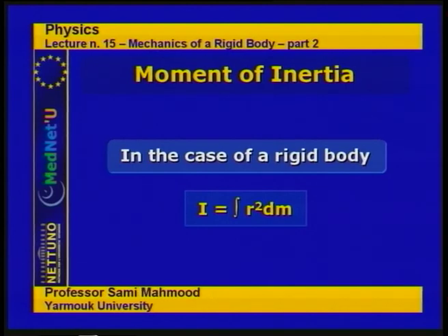And remember always that r is the perpendicular distance between the point we are considering and the axis of rotation. So this integral of r squared dm over the whole body gives the moment of inertia of this body.